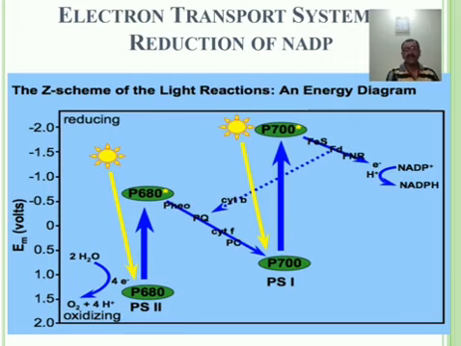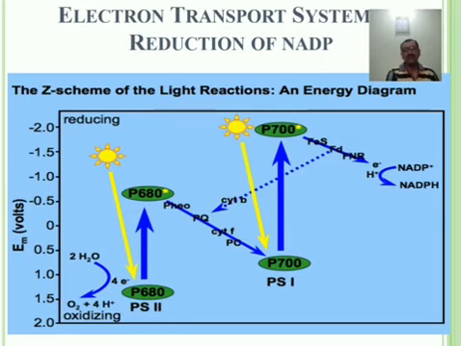Here the enzymes, electron carriers and photosystems required for the electron transport are present in the thylakoid membrane of the chloroplast, and hence it is the site for electron transport. Which is the site? Thylakoid membrane is the site for the electron transport system.